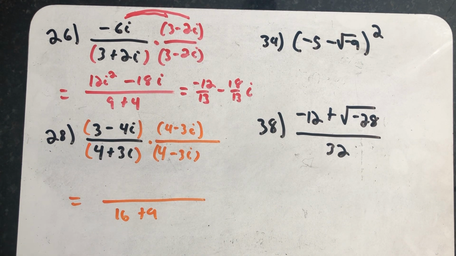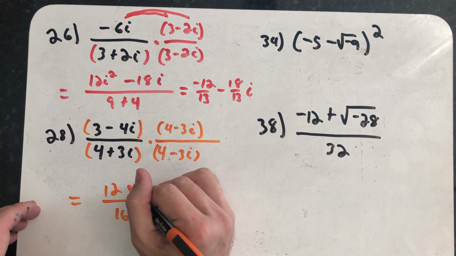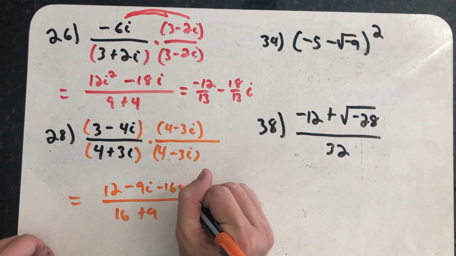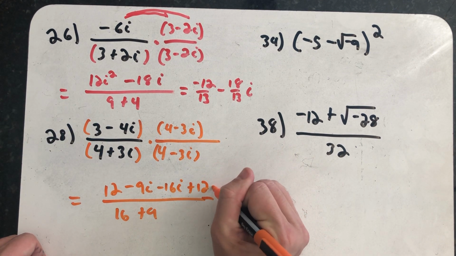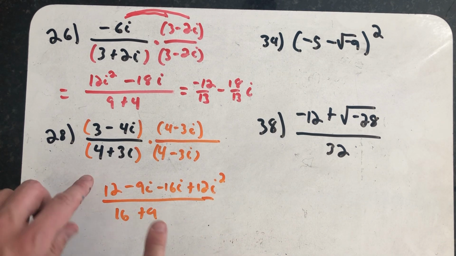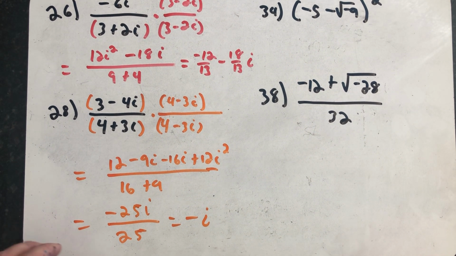On top I need to distribute 12 minus 9i minus 16i, and then on the end I have a plus 12i squared. Well, looking at it, I have 12 minus 12, those cancel. On the bottom I have 25. On the top I have minus 25i, which simplifies just to minus i. That one works out really nicely.